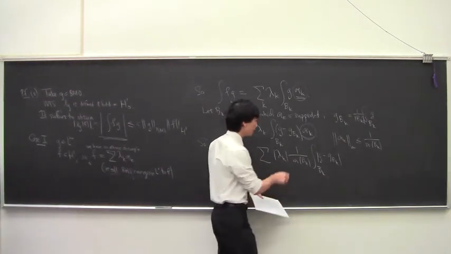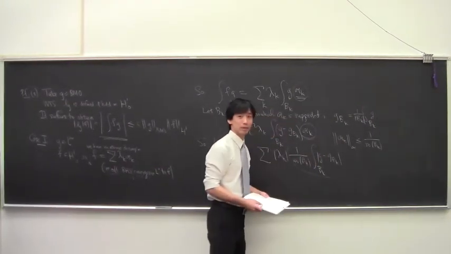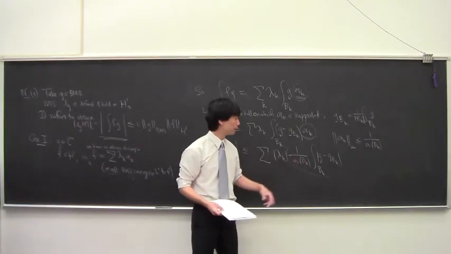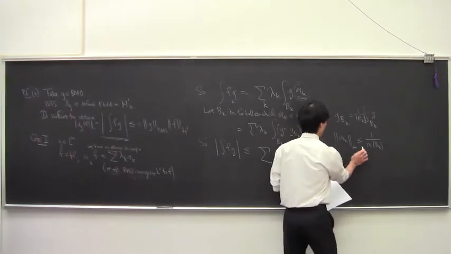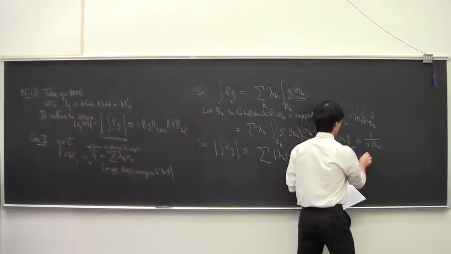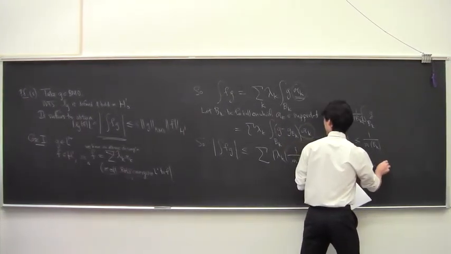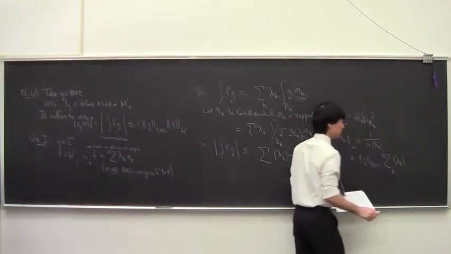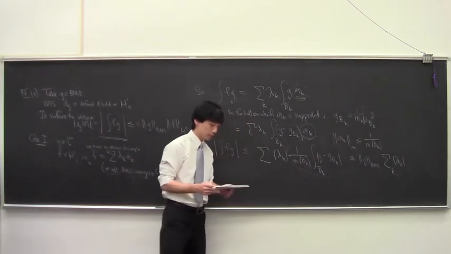Okay. But then you see what's going on. Right? What's this thing? This thing is controlled by the BMO constant of g. And then you play the usual thing.